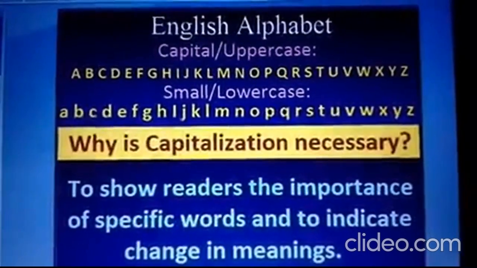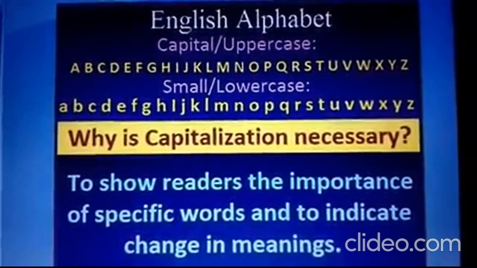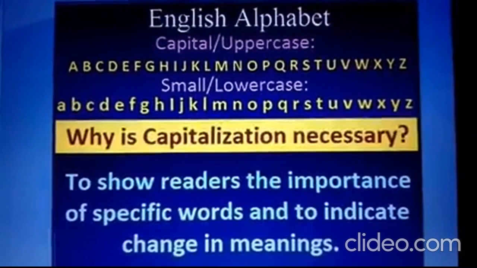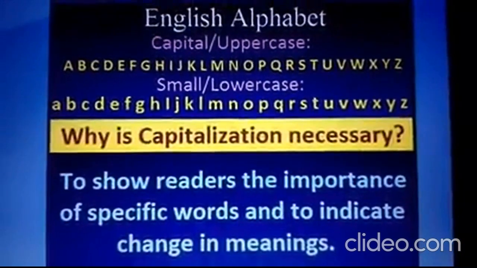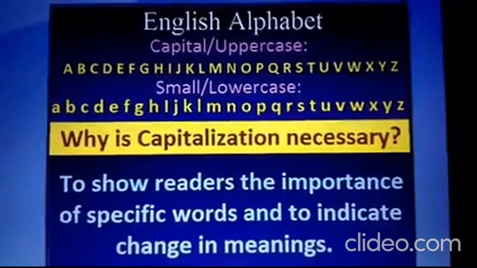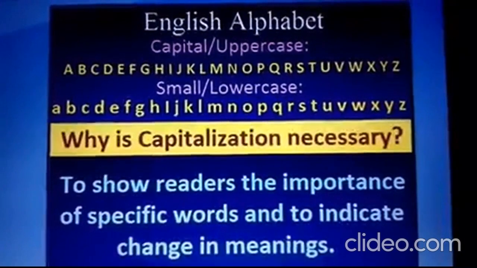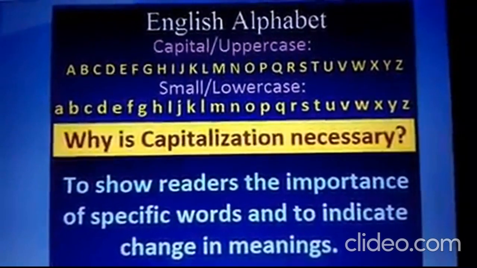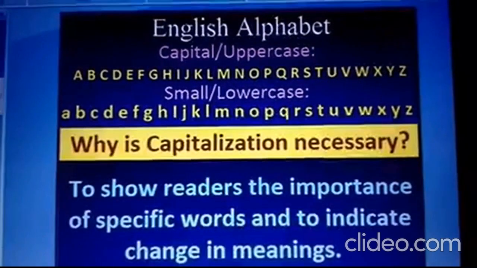Another question is: why is capitalization necessary? Capitalization is necessary to show readers the importance of specific words and to indicate change in meanings. If you don't use capital letters where necessary, the actual meaning of the passage or of the text will be distorted and will not be conveyed properly.